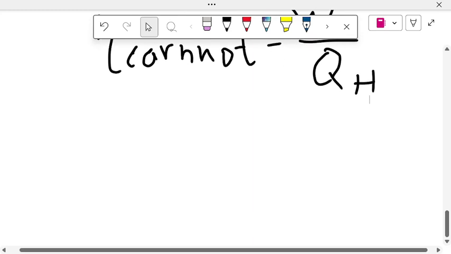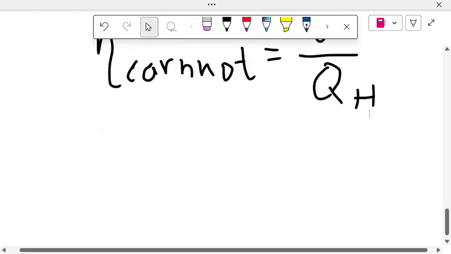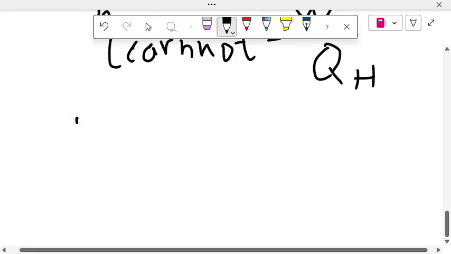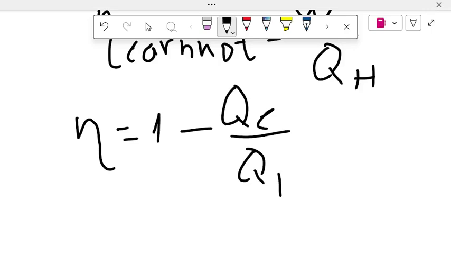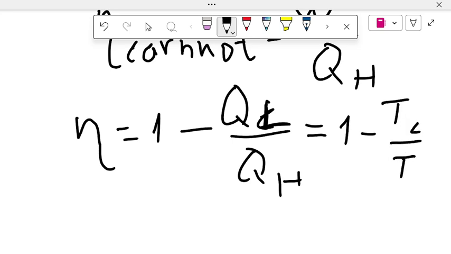Okay, so efficiency in that case will be 1 minus heat cold divided by heat high. I wrote heat low here. Okay, and it is 1 minus temperature low divided by temperature high.